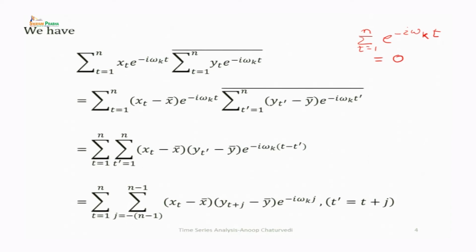And then you can write it as summation over t equal to 1 to n, t dash equal to 1 to n, x t minus x bar, y t dash minus y bar, e to the power minus i omega k t minus t dash.